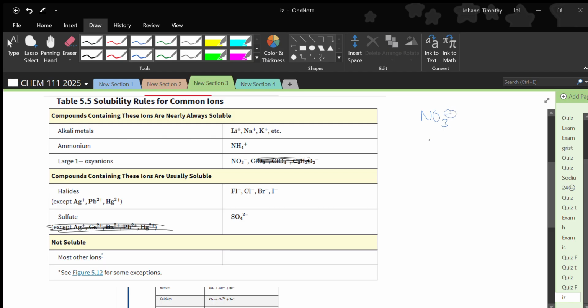So nitrate, hydroxide, we've got sulfite. Yes, sulfite. We've got sulfate. We've got nitrite.